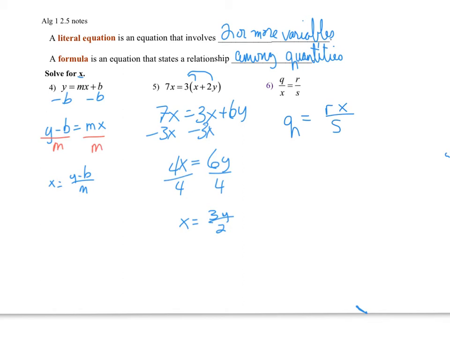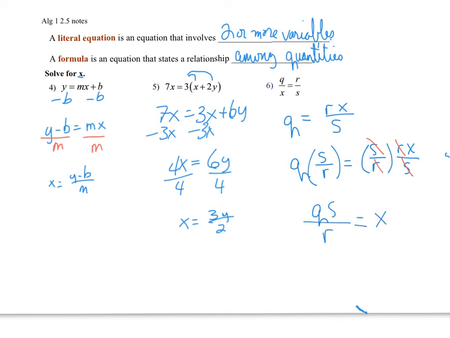So we're going to multiply both sides by s over r, because we're trying to get rid of that fraction on the right-hand side, so it's going to be the opposite of the inverse. Okay, and when we do that on both sides of the equation, that causes our r's and our s's to cancel out, and then we will be left with x all by itself. Okay, so on the left-hand side of the equation we'll have qs over r, and on the right we'll simply have x.